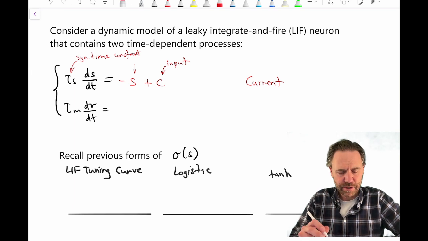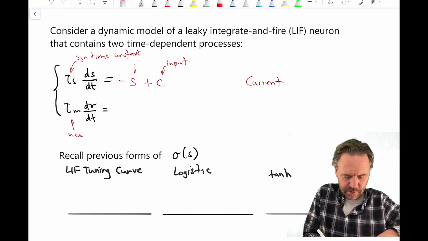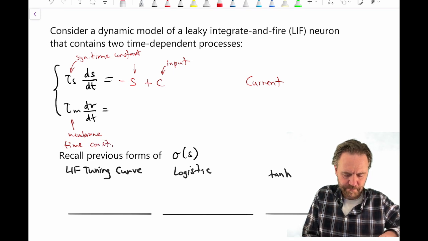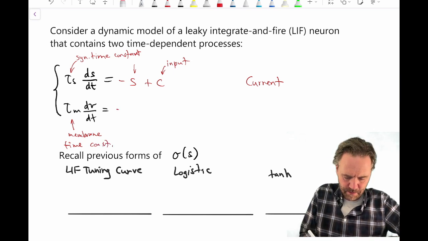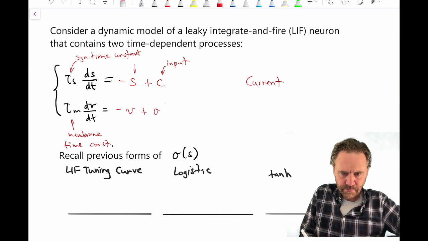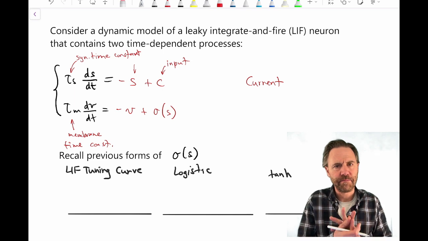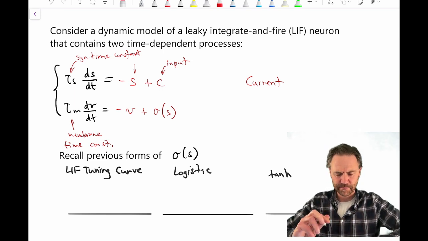Now the membrane potential, V, also has a similar dynamic process. This is the membrane time constant. Now this also has a decay term and some function of the input current.